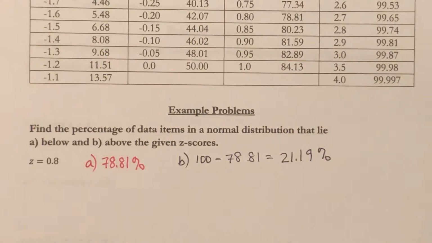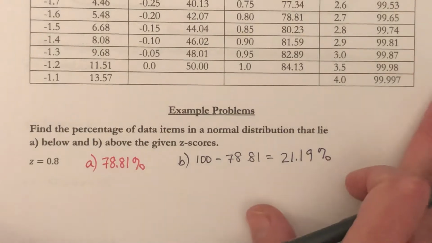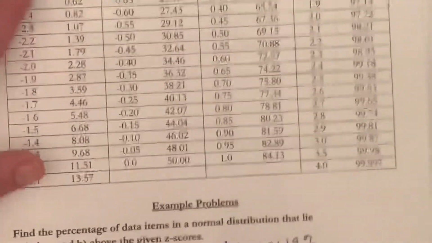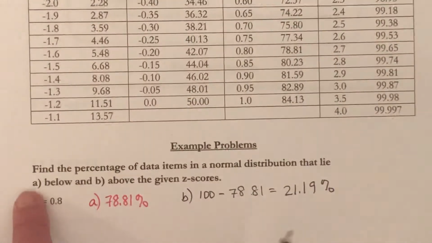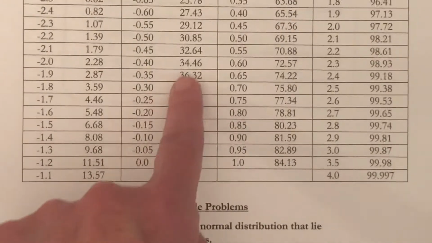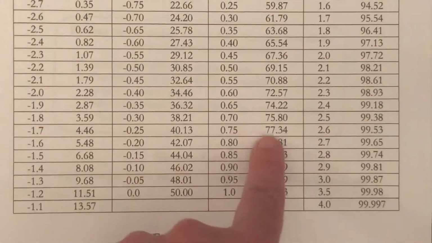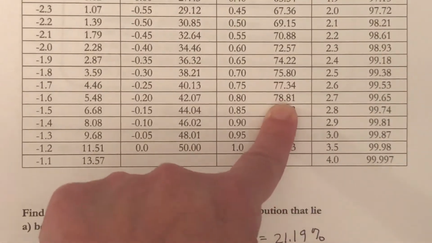Okay. Now, I do want to show you a trick. This is not discussed in your book. And in the homework, sometimes they will provide you with a smaller version of this chart. But if you have the full thing, to find out how much is below, you look up the exact z-score you've got. So 0.8 right here was 78.81.